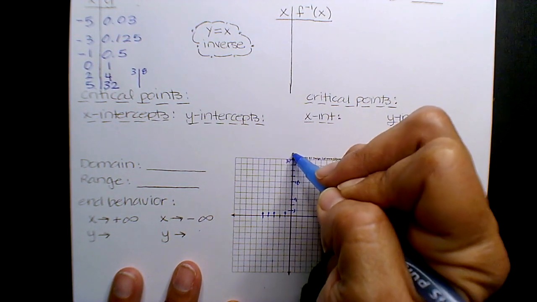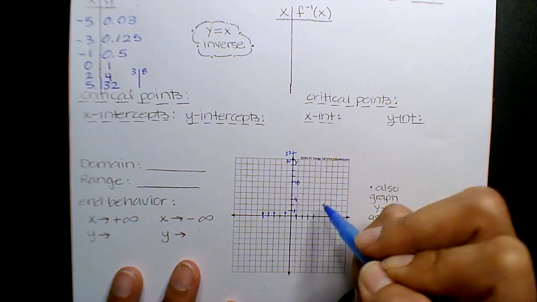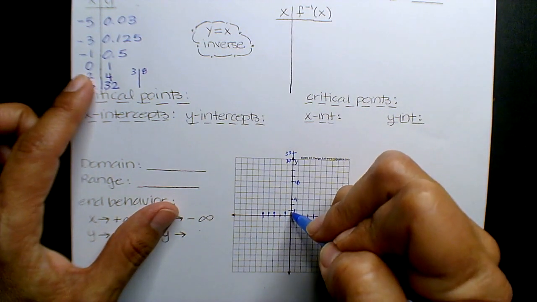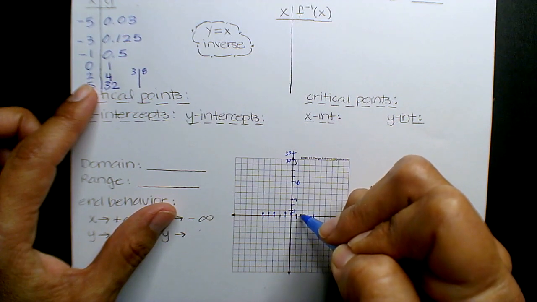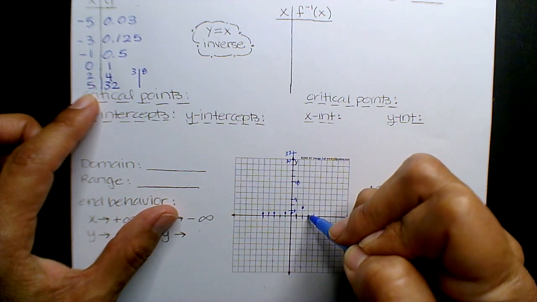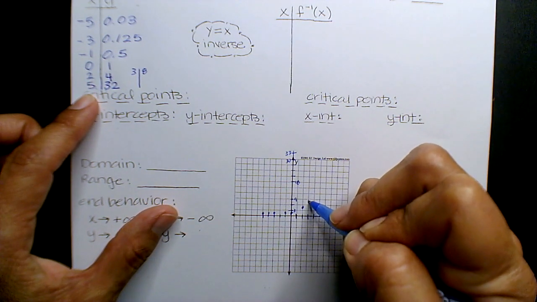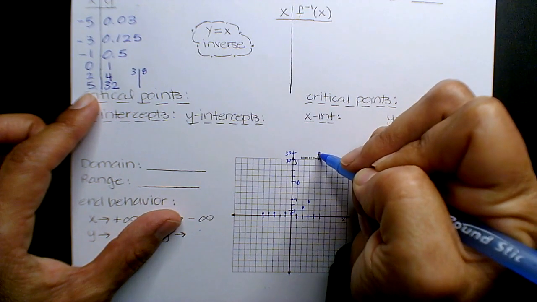This is 30. So this is 33, so we can fit it. Okay, 0, 1 would be here. 2, 4. 3, 8. 5, 32.